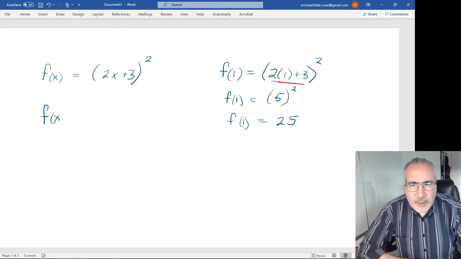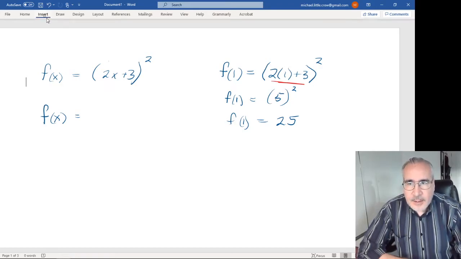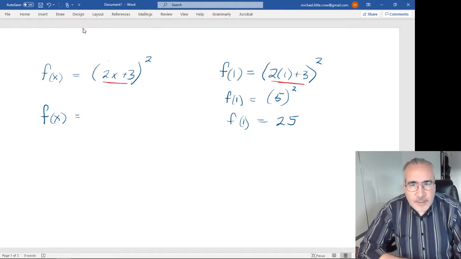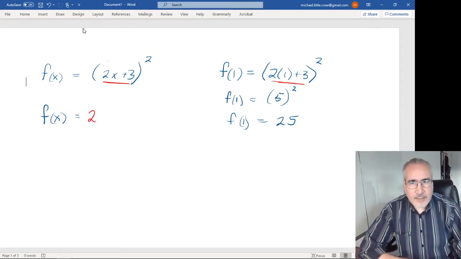So let's do this in red. We're going to take the derivative of the inside function, 2x plus 3. Its derivative, just this part, is the 1 comes down, 1 times 2 is 2. So there's the derivative of the inside function.